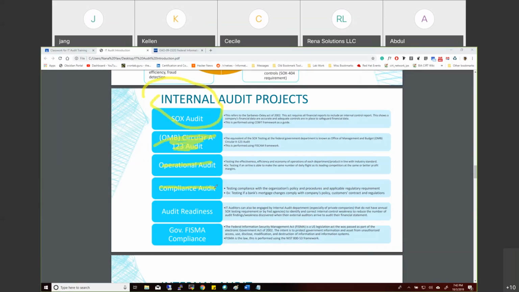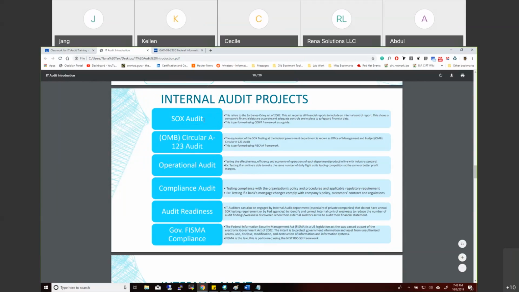Compliance. You see that there's audit readiness. There's FISMA compliance. So depending on what you want to do, you focus on what you want to do. And if you're looking for internal audit jobs or internal audit positions, you make sure that you focus on these projects. Just know them.